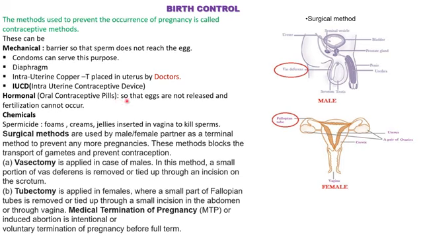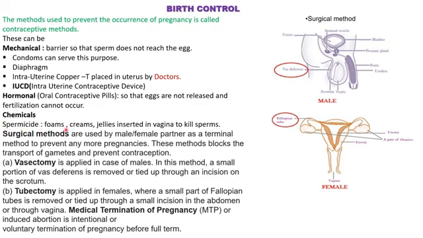It is not advisable because you are disturbing the body's cycle, and it has a lot of side effects, though nowadays the Indian government has come up with a different type of pills which doesn't affect the health of a woman. Now coming to the next, chemical, that is spermicides. These are the chemical methods.